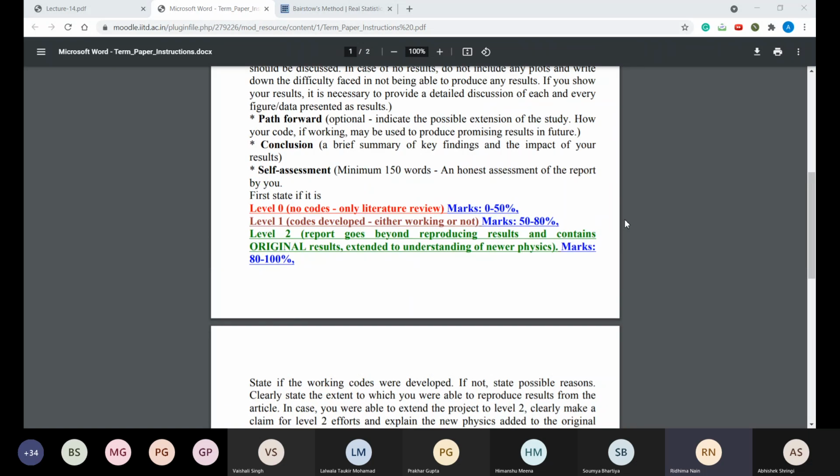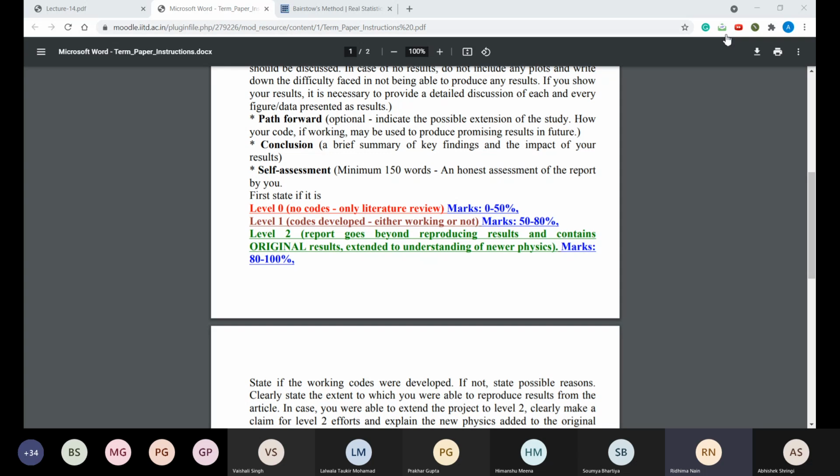If in your research article they're finding the superficial velocity for a two-dimensional geometry, and you are able to find the superficial velocity for a three-dimensional geometry, then you're going beyond the scope, beyond what has been done and published.